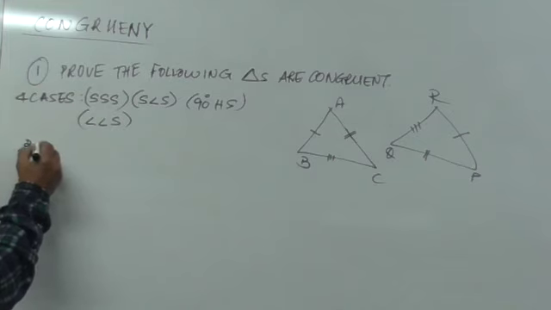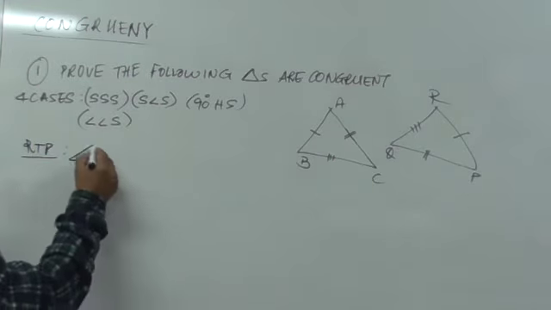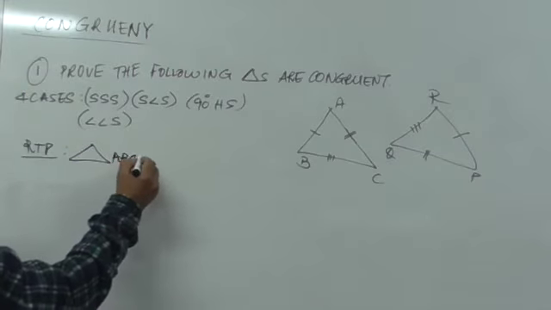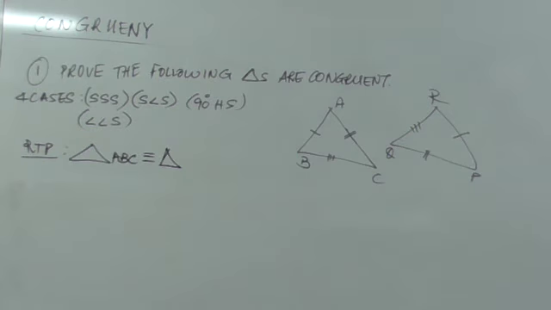Required to prove. Now, the first triangle, you label it anyhow. Required to prove triangle ABC is congruent to triangle, and then stop. Now, very important. When you said ABC, you moved along one stroke, then three strokes.